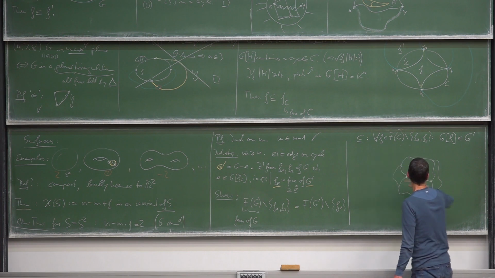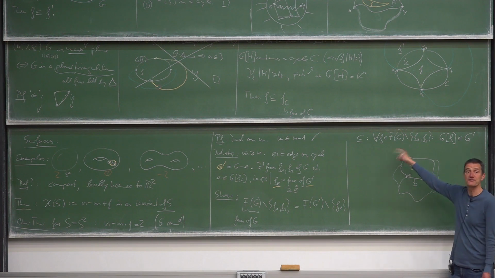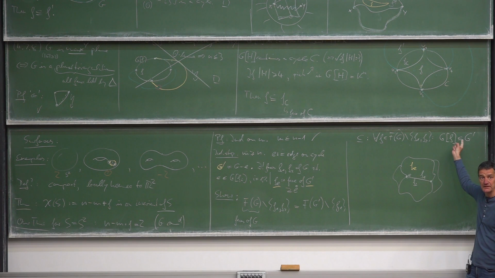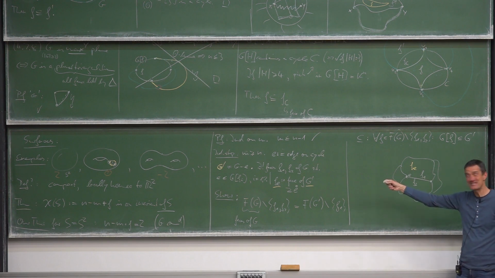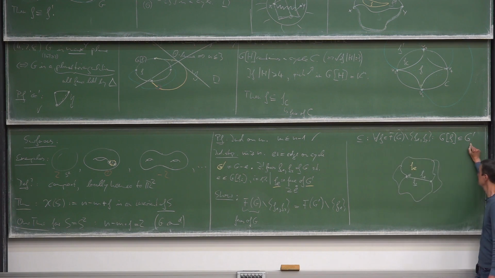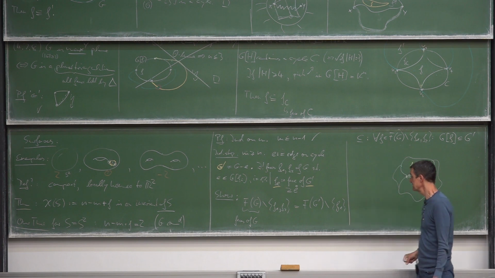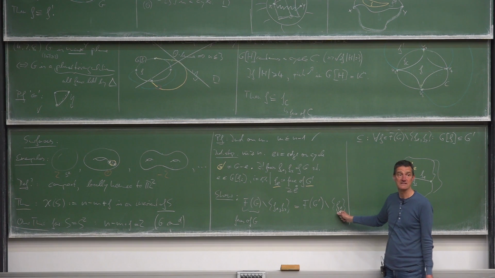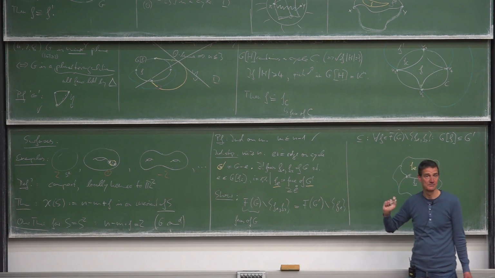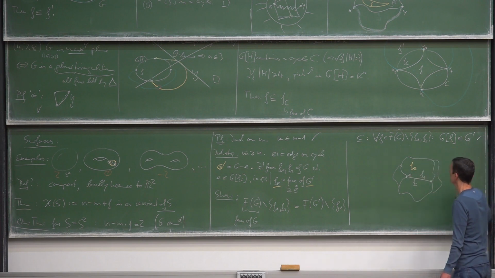So F is a face of G prime. If G prime is a subgraph of G, F is a face of G whose boundary happens to lie in this subgraph, and therefore, as one of those early lemmas says, F is in fact a face of this G prime. But it isn't this face, because this face, Fe, contains the inner points of E, and F certainly doesn't, being a face of G. Okay, done. That was easy.